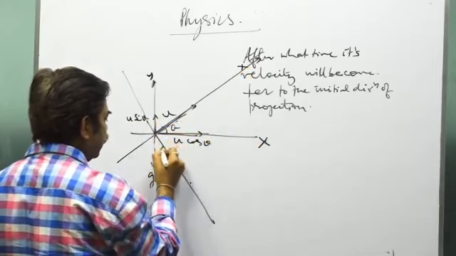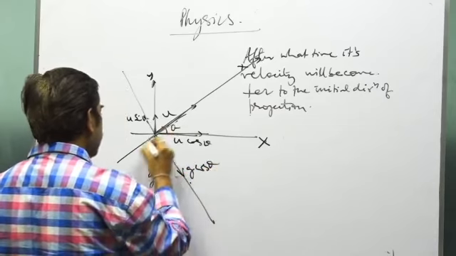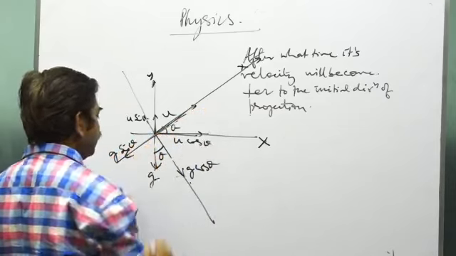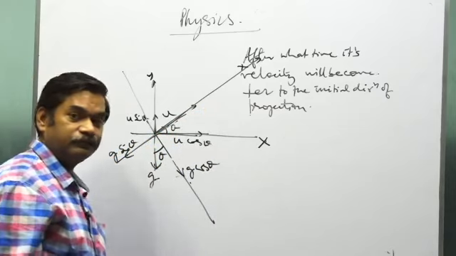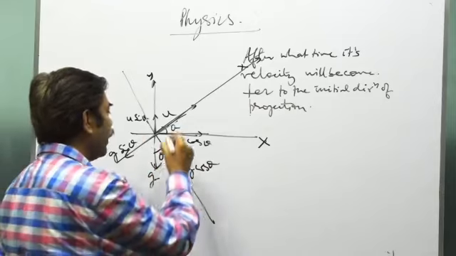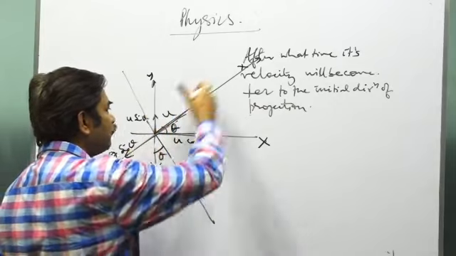With angle theta, and 90 minus theta, the component of g along this direction becomes g cos theta, and the component opposite to the direction of u becomes g sin theta. g cos theta and g sin theta. Is that clear?